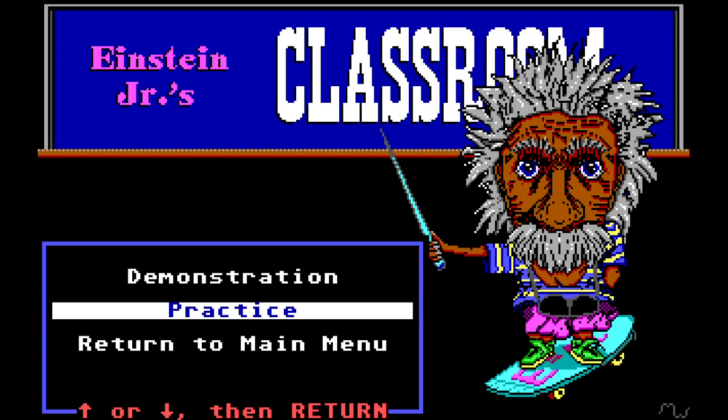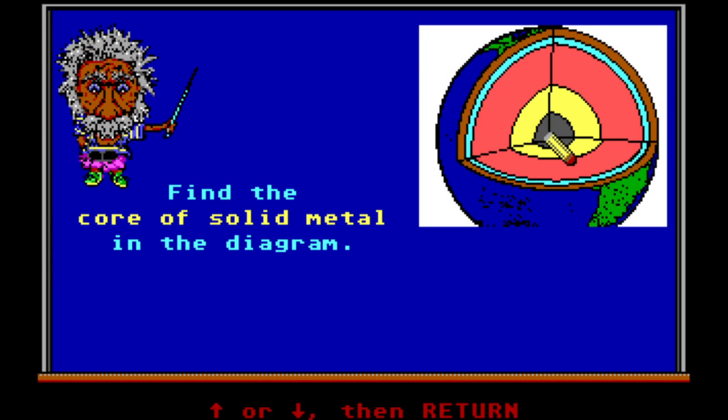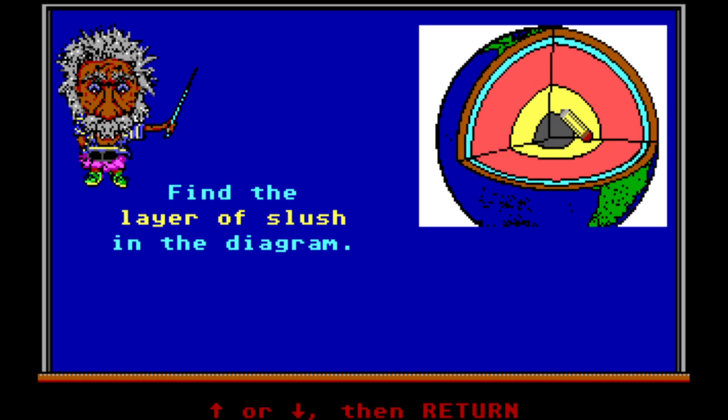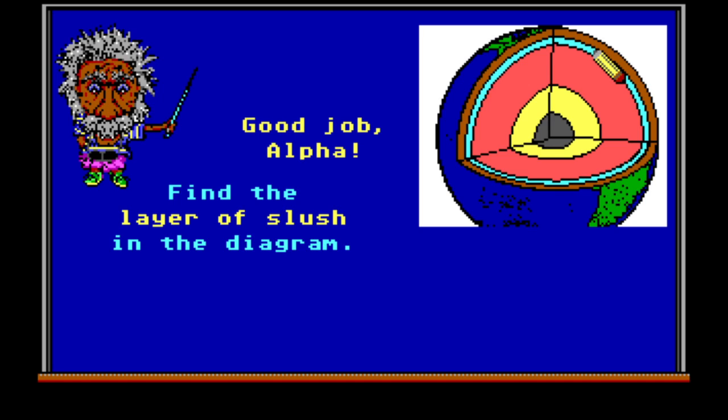Volcanoes. The core of solid metal. Layer of slush. Layer of slush? Are we talking about this?